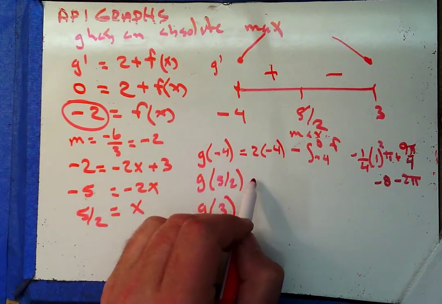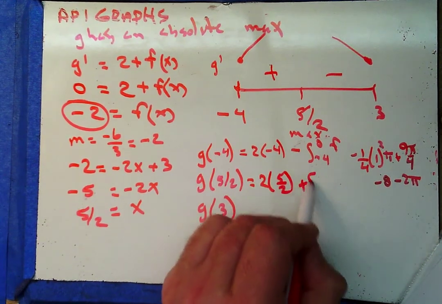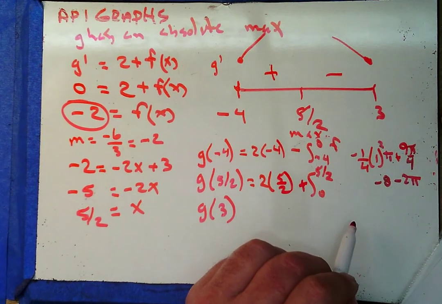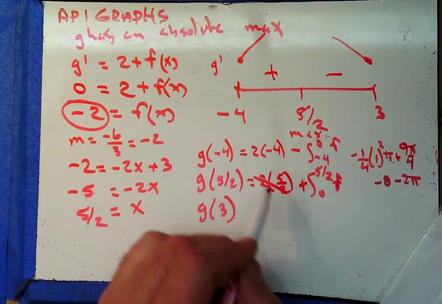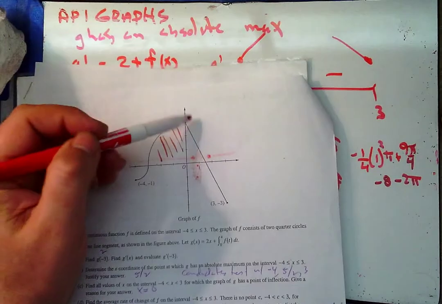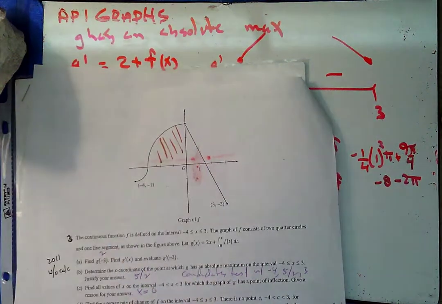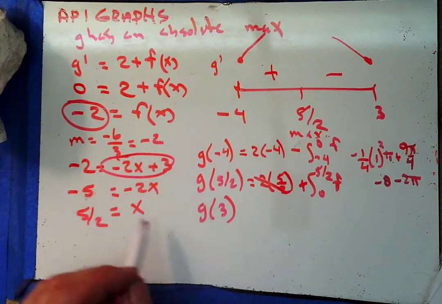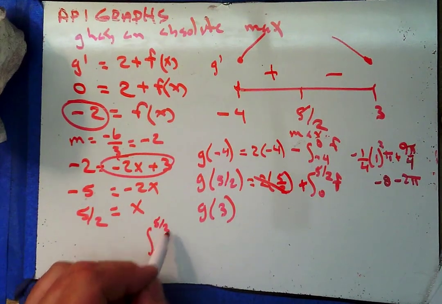If we plug in 5 halves, then we have 2 times 5 halves plus the integral from 0 to 5 halves. And I'm going to have to do some computation there. I see from this picture that it's the integral from 0 to 5 halves of this linear equation. So can't I just integrate this linear equation from 0 to 5 halves?